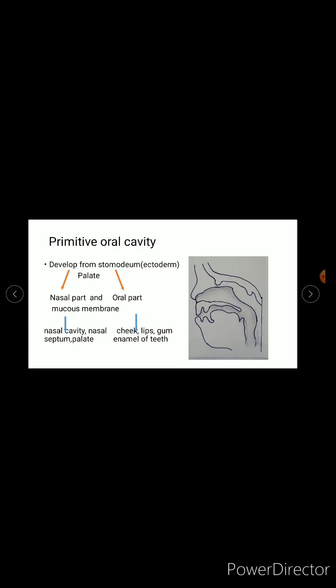Now, the primitive oral cavity that developed from the ectodermal stomodium is divided by the development of the palate into nasal and oral cavity.